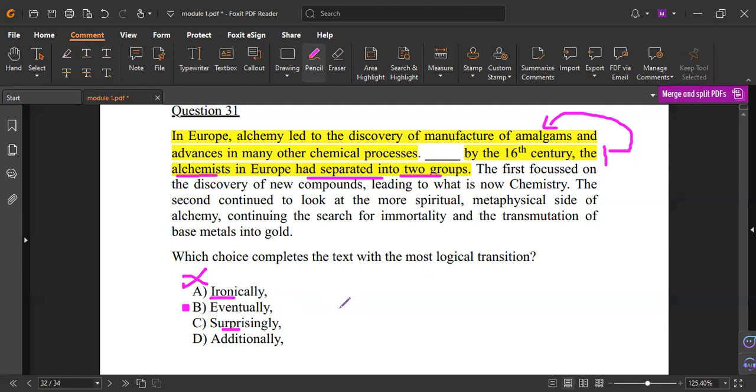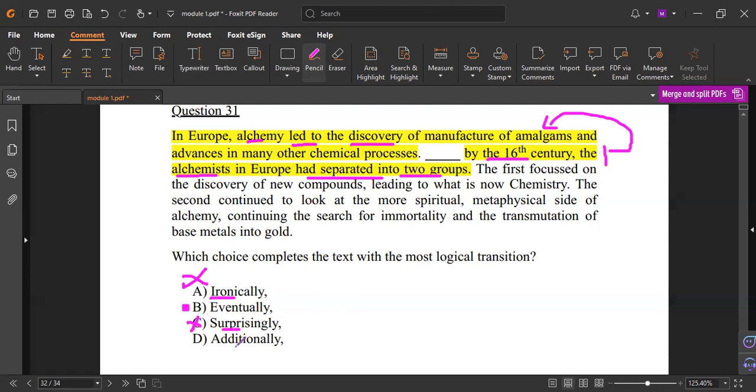Is this one surprising? Surprising means unexpected. Something surprising came. Okay, but he said before this one, they found it. It's not surprising. Do you know why? Because this led to discovery. So that means that helped the alchemists to do something, not to surprise them by something not expected. So C is wrong.